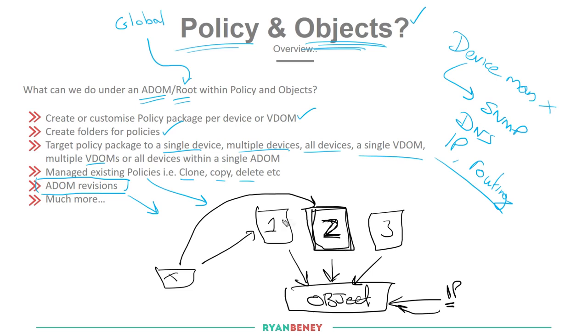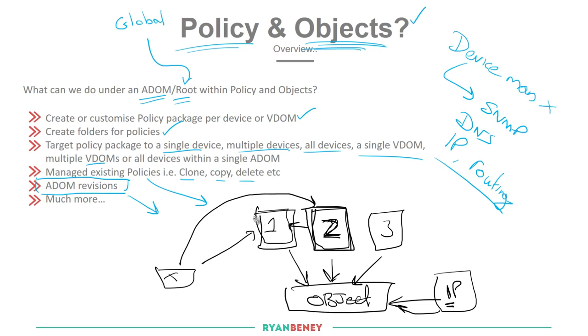At a later date, if you were to revert back to policy package 1, the object database would remain the same as it would have been for policy package 2. So the problem you have is a disconnect between the object database and what you're trying to achieve in the policy packages.